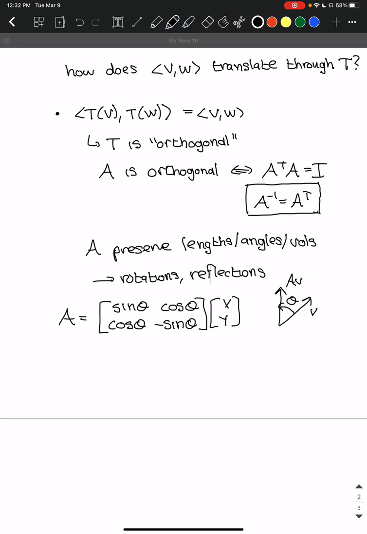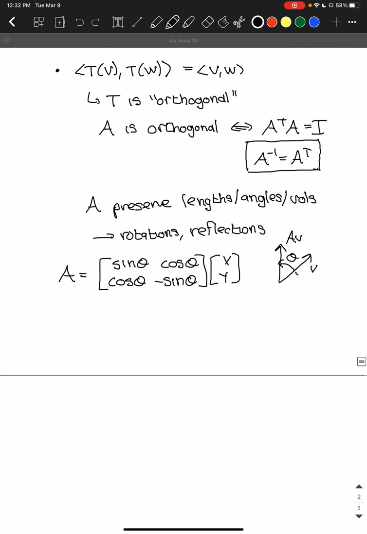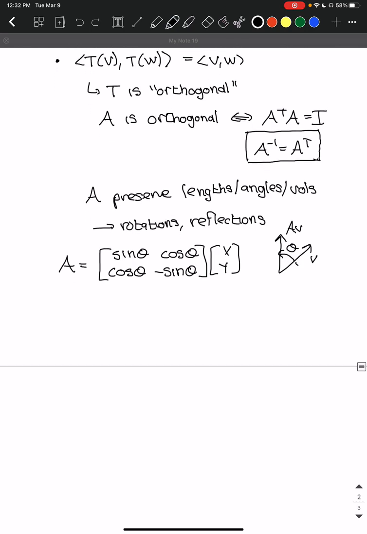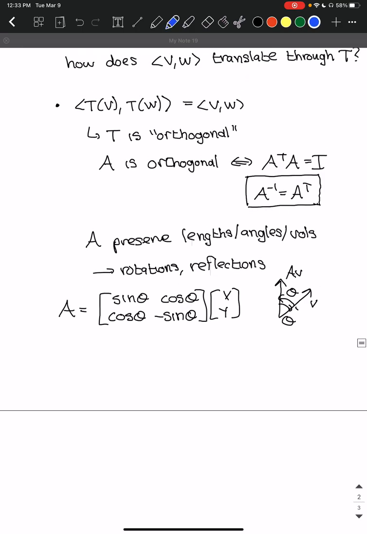This is made up on the fly, so maybe it actually goes this way. I'm not quite sure. But that's essentially the idea of an orthogonal linear transformation. A cool thing to note is that if you apply the inverse of this, you go the opposite way by theta to get back to your vector v.